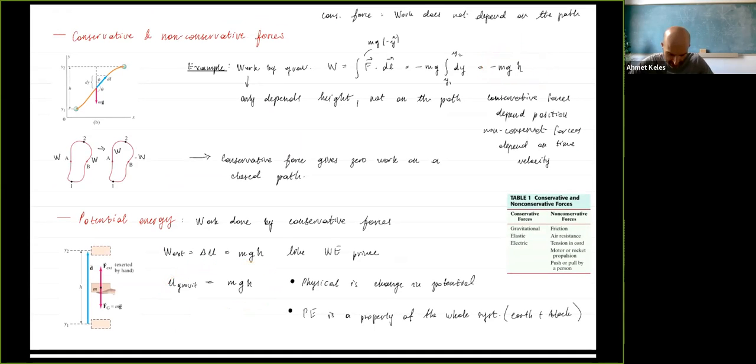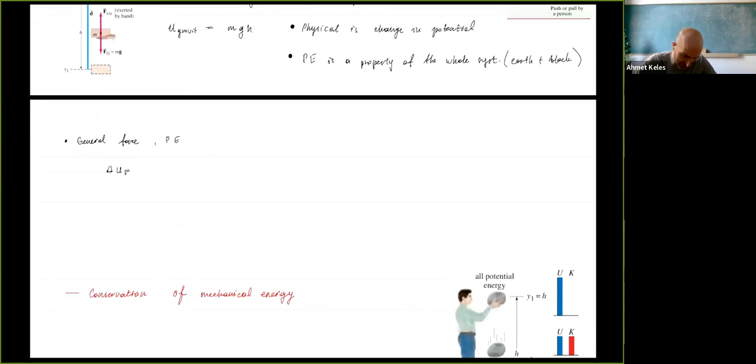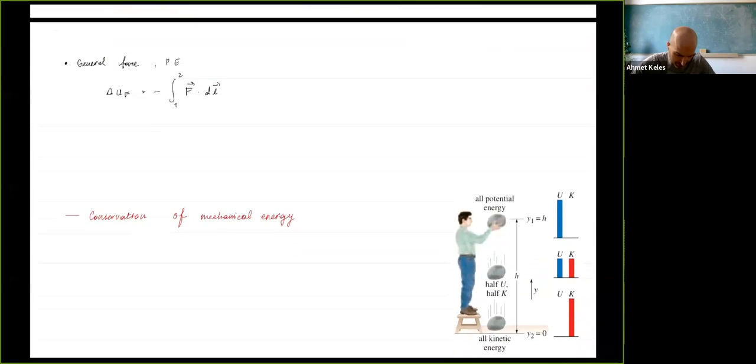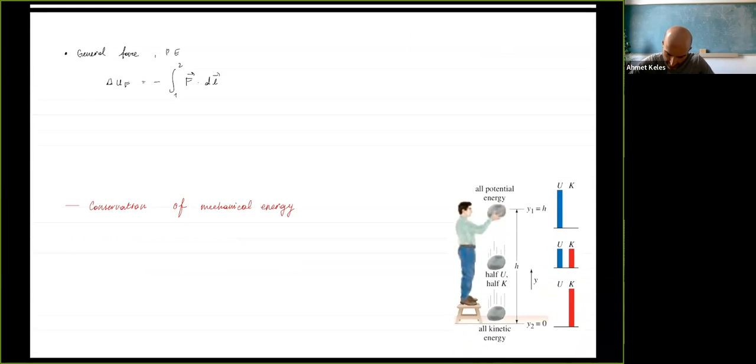So exactly like you asked, it is not nice to carry this minus sign around. So I'm going to put that minus sign here. Work done by force is going to be equal to minus the force times displacement, from position 1 to position 2. Hopefully that makes sense.